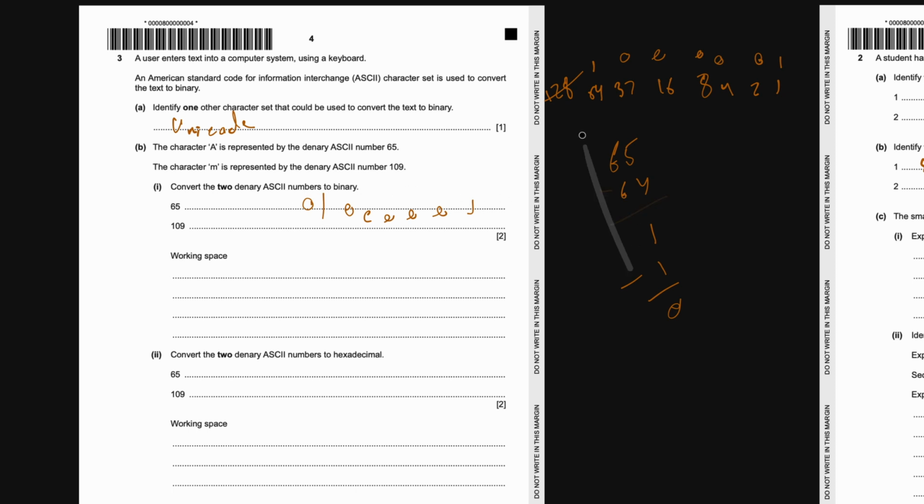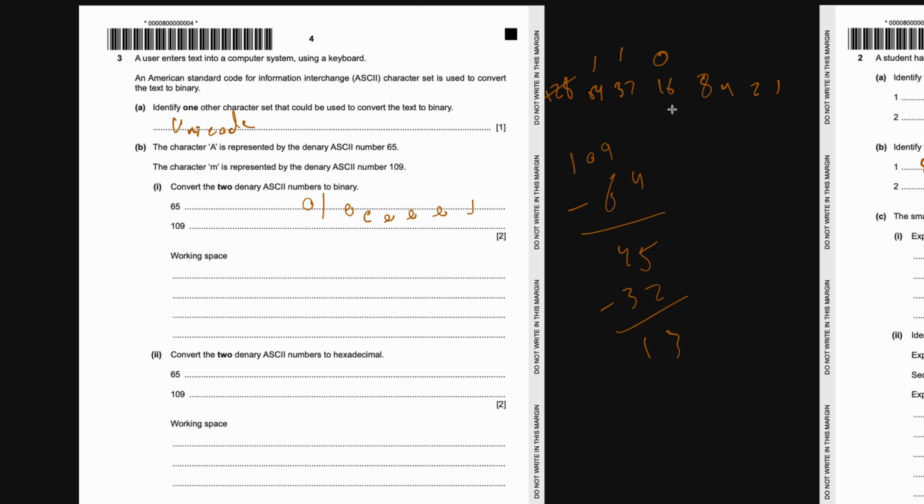Now, in terms of 109, we do exactly the same thing. 128 is too large, so for 109, we subtract 64 from 109, which is 45, and we put 1 over 64. 45 is still over 32, so 45 subtracted by 32 is 13, and we put 1 over the 32. 13 is smaller than 16.